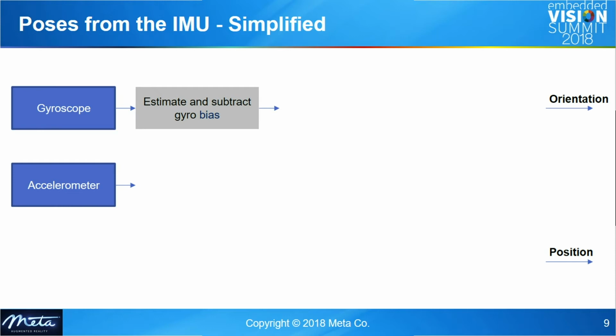Practically, we often do factory calibration to get an idea of what the temperature dependent bias is. Once we have estimated that, we subtract it from the gyro reading. Then, as mentioned, what we get from the gyro is the velocity. We want to get to orientation, so we need to integrate over time.